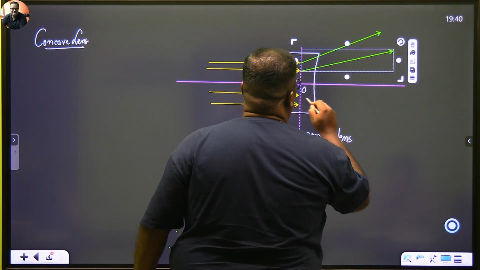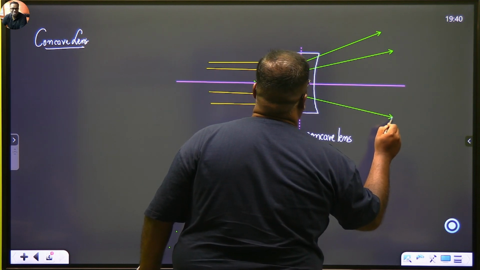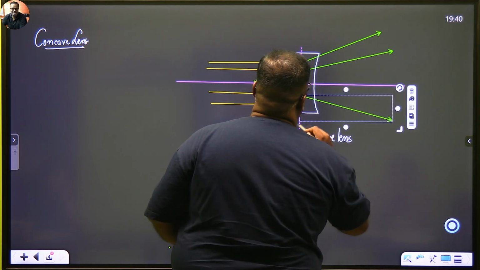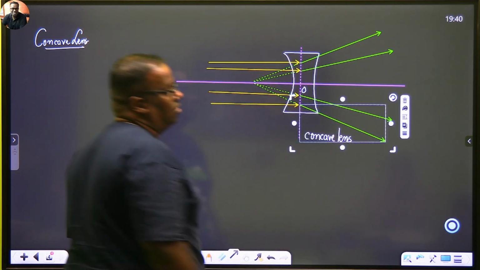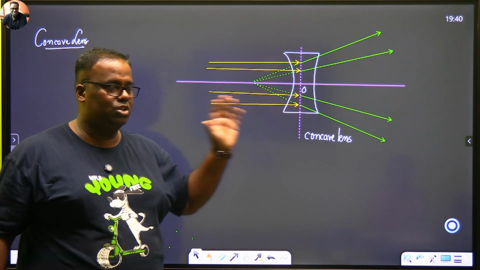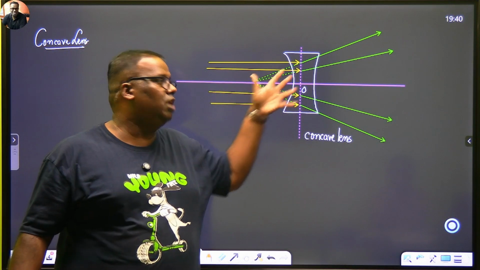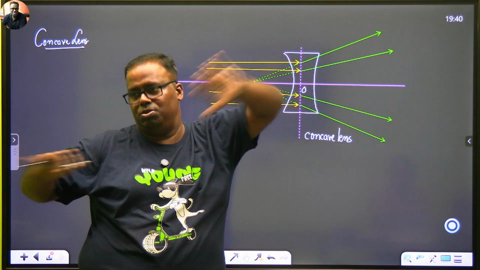My third refracted ray will diverge out in this manner, and the fourth refracted ray is diverging out in this manner. Clear? Did you understand? Don't think of the dots now. Our story is yellow rays came and became green rays like this. Divergent. Diverge means they don't meet.